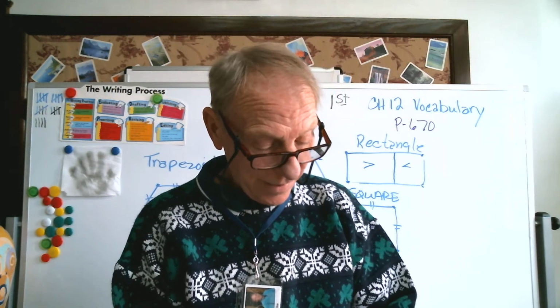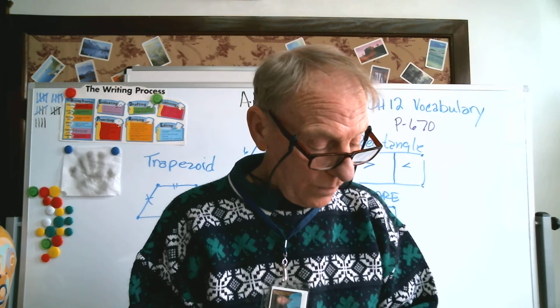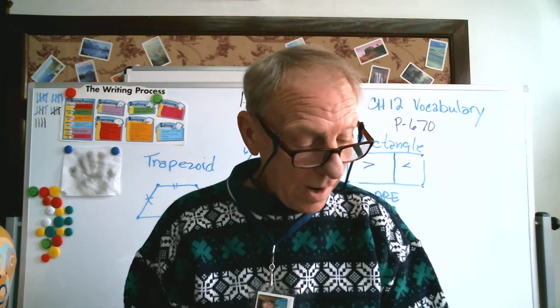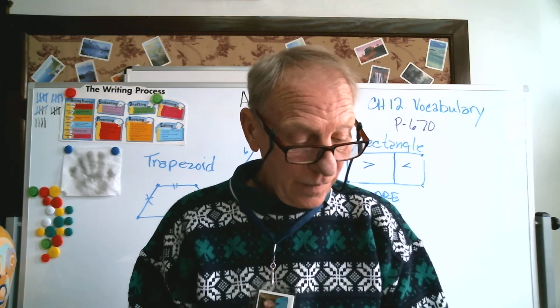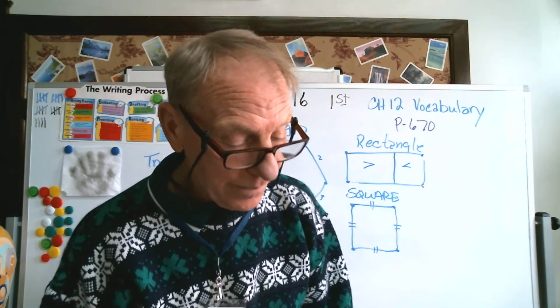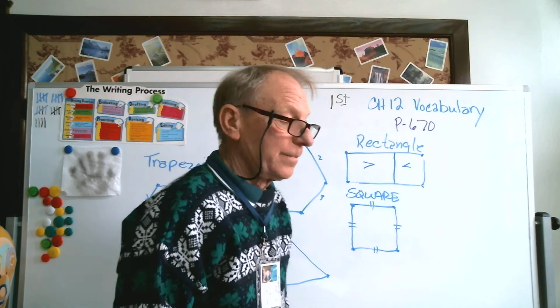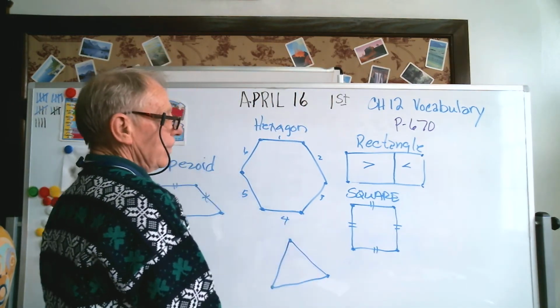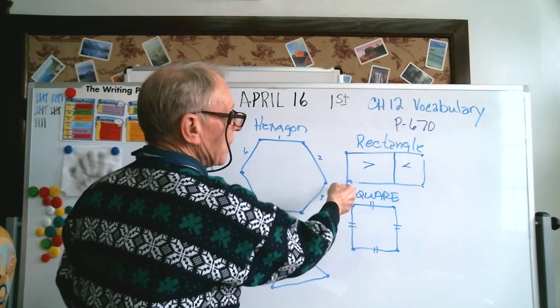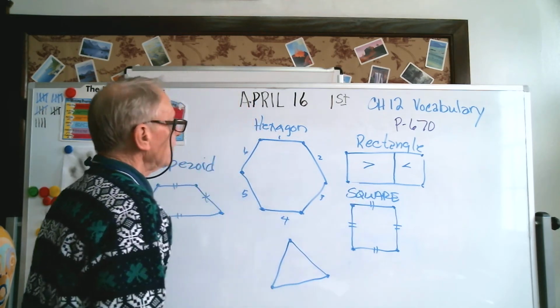Well, that's it. Those are your vocabulary words. So, what are some of the shapes again? We've got the square, and the rectangle, where the sides are not equal but parallel.